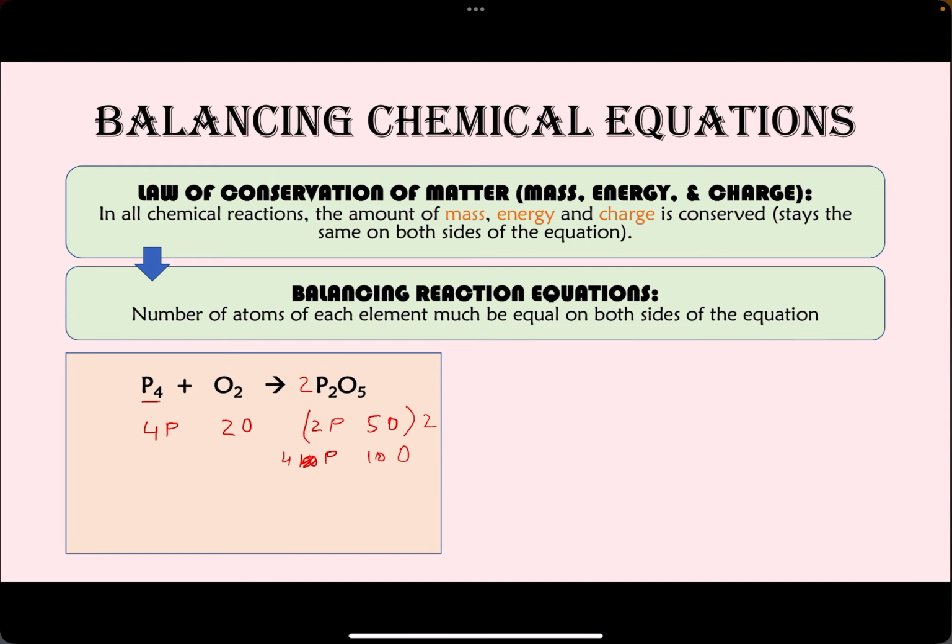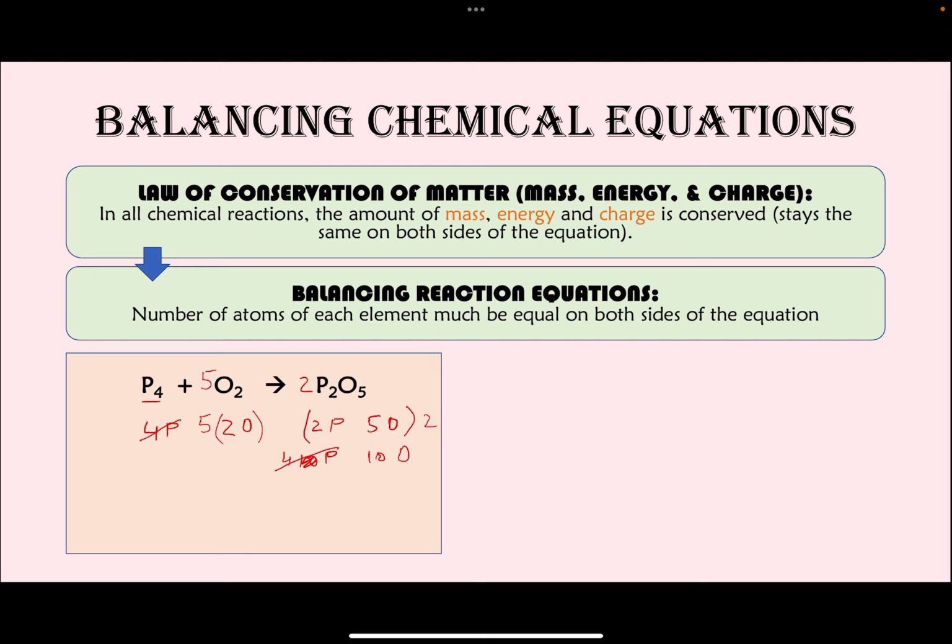However, we can go ahead and maybe cross off the phosphorus for now, but our oxygens are not balanced on both sides. So we have 10 oxygen in the products and only 2 on the reactant side. So if I want to balance the oxygens on the reactant side, I'm going to have to go ahead and multiply my oxygens on the reactant side with a 5. So in this case, I'm going to put a 5 with the oxygen.